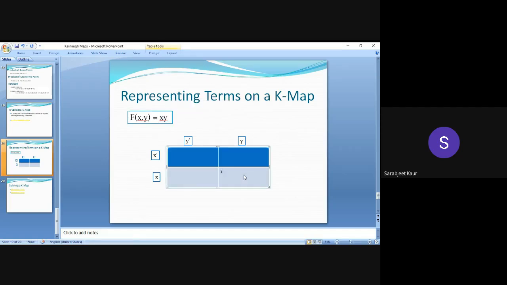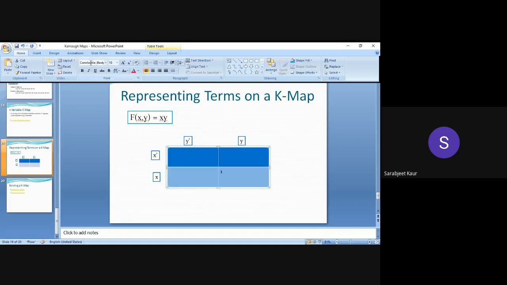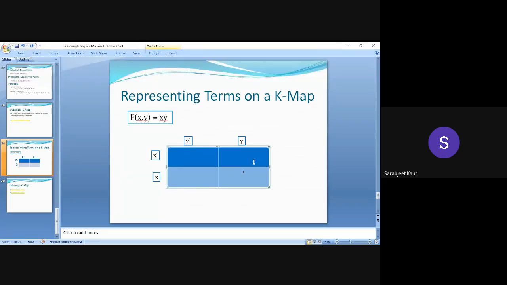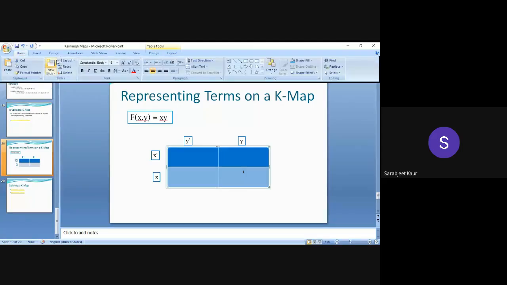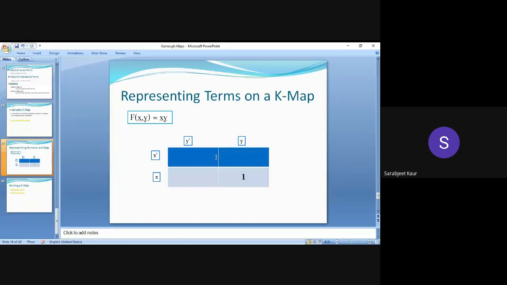I will put a 1 here, and in all other columns, I put a 0. Is this clear to everybody?